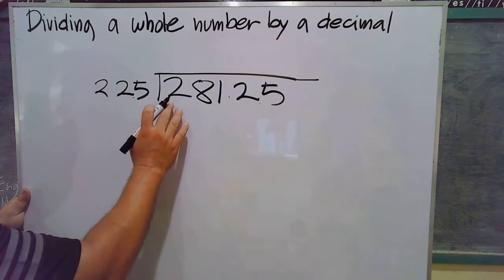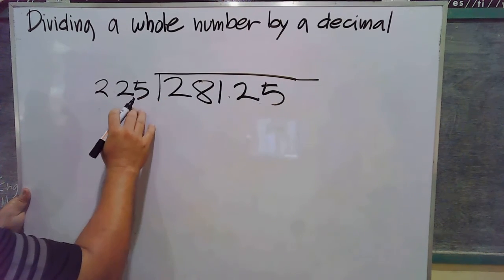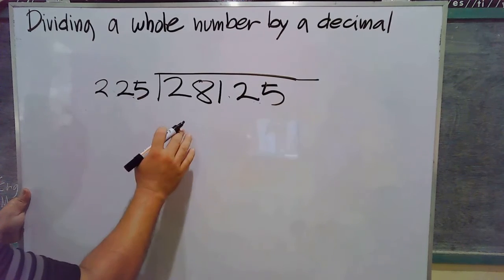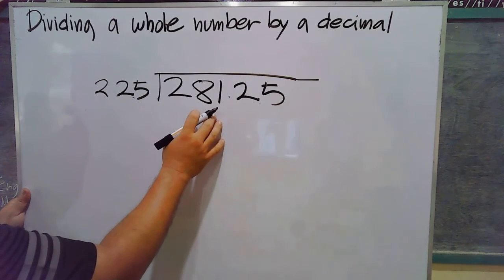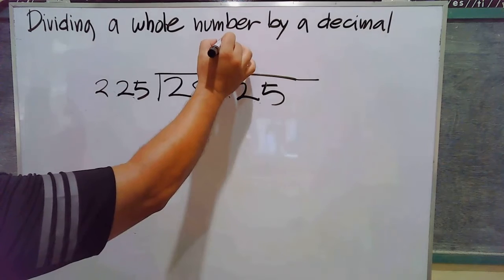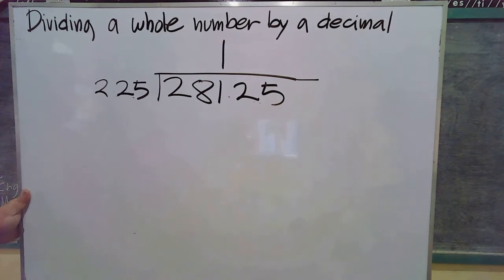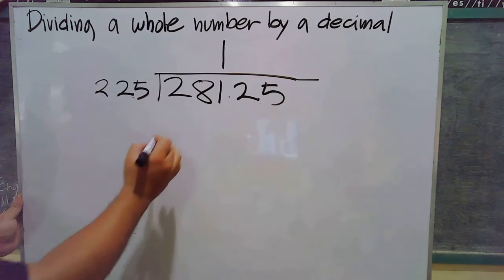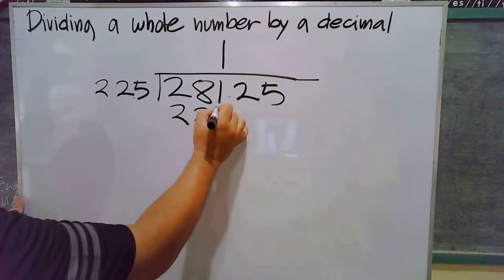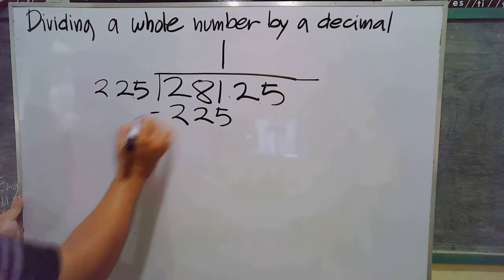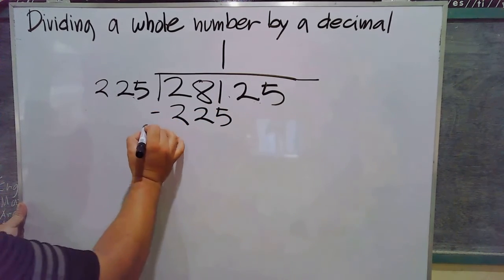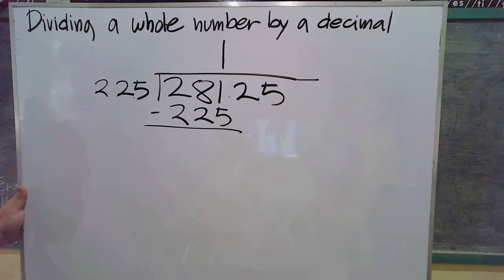So how many 255 out of 281? We have 1. Now 1 times 255 is the same, 255. And we're gonna subtract.